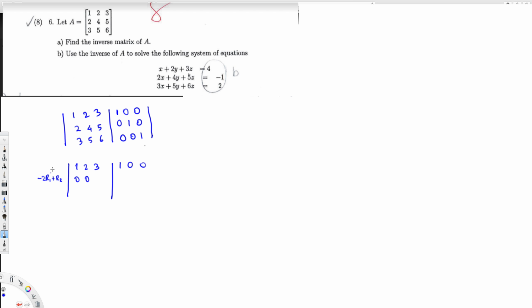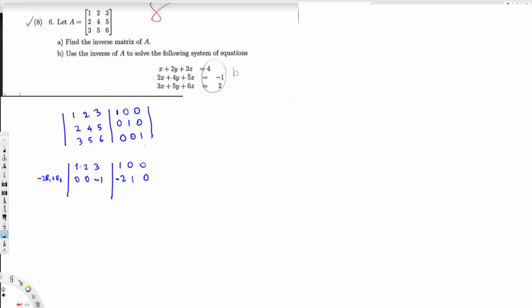Then -2 times 3 is -6, and -6 plus 5 is -1. Then -2 plus 0 is -2, then 0 plus 1 is 1, then 0 is 0.